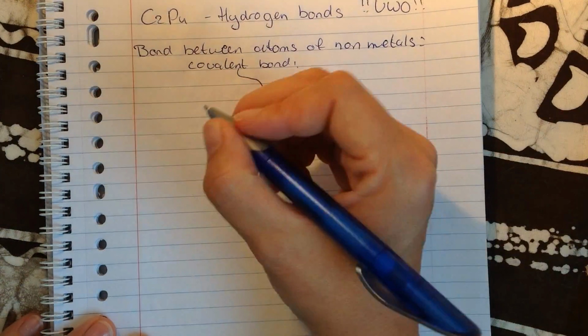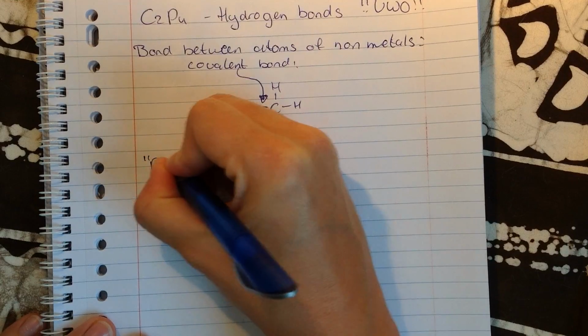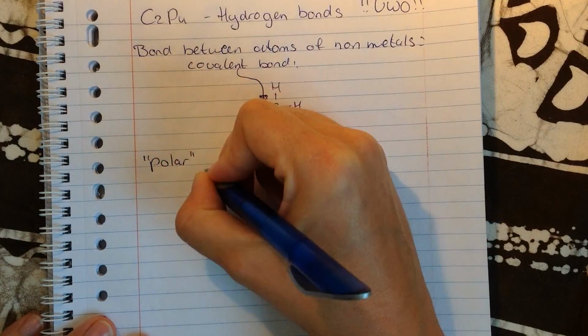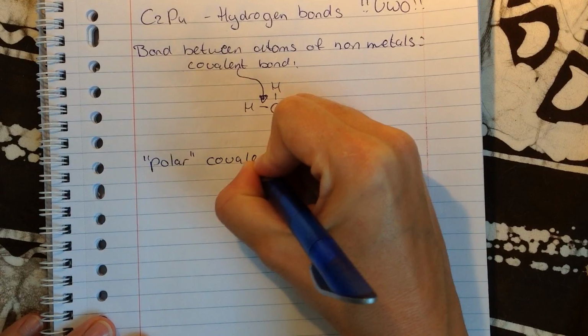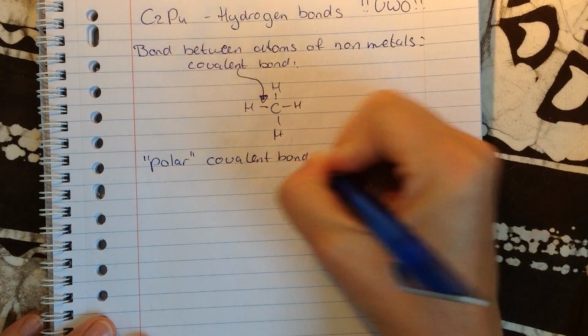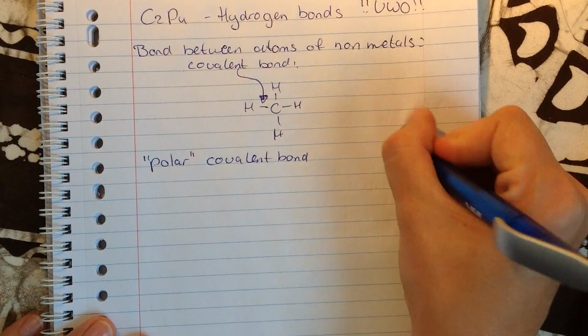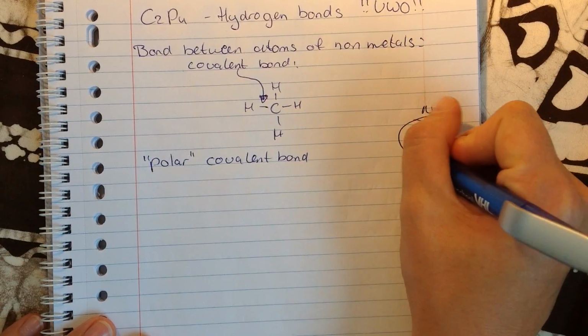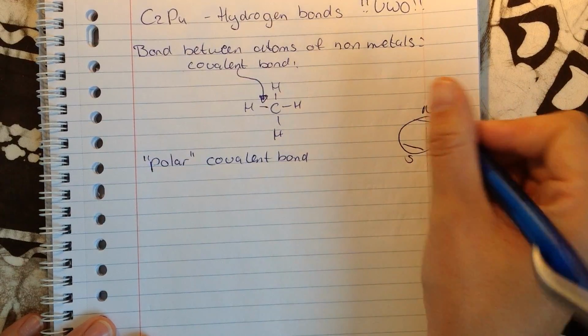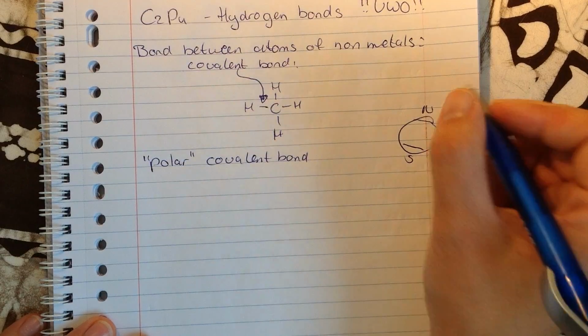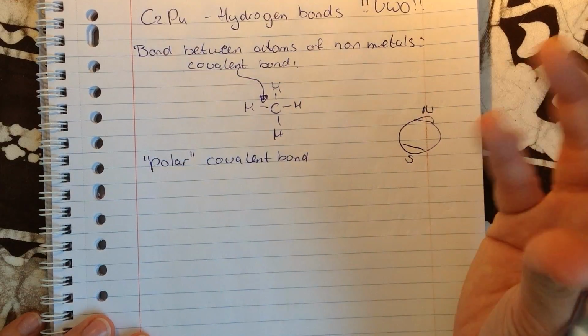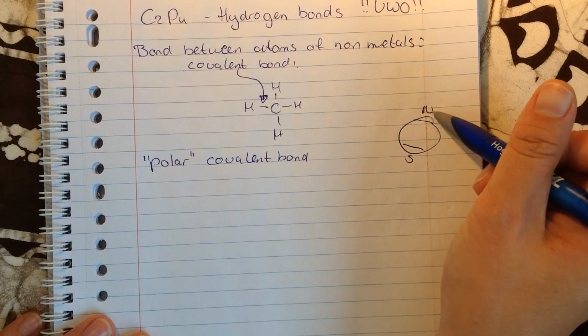Some bonds are what we call polar covalent bonds. You obviously know the poles of the Earth, like North Pole and South Pole. And you also know North and South Pole of a magnet, which is either plus or minus, but they are somehow a bit charged.